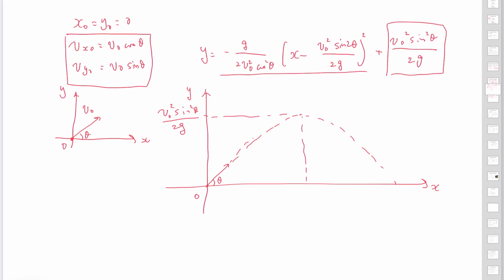And the highest point is reached when x is this quantity: v sub 0 squared sine 2 theta over 2g. A parabola is a symmetric figure, so this point is twice this quantity: v sub 0 squared sine 2 theta over g. So actually this is the length for the projectile to travel horizontally before hitting the ground.